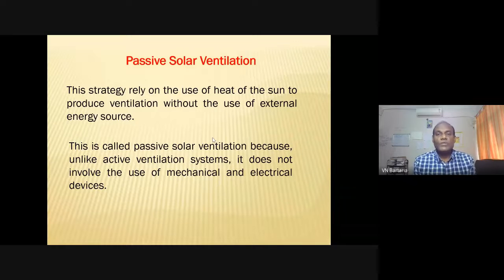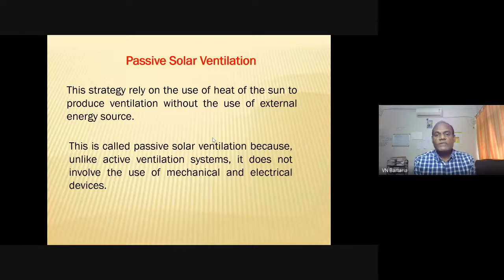We use just solar energy, and ventilation takes place with the help of the heat obtained from sunlight. This solar or thermal energy is used for ventilation to take place and for the motion of air, to establish the flow within the indoor passages.